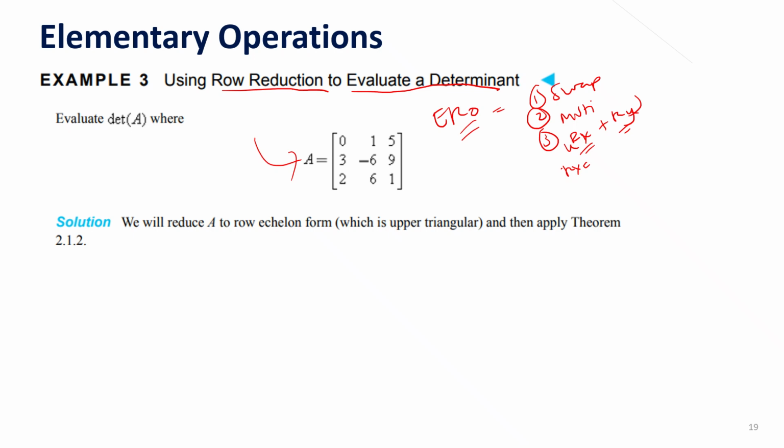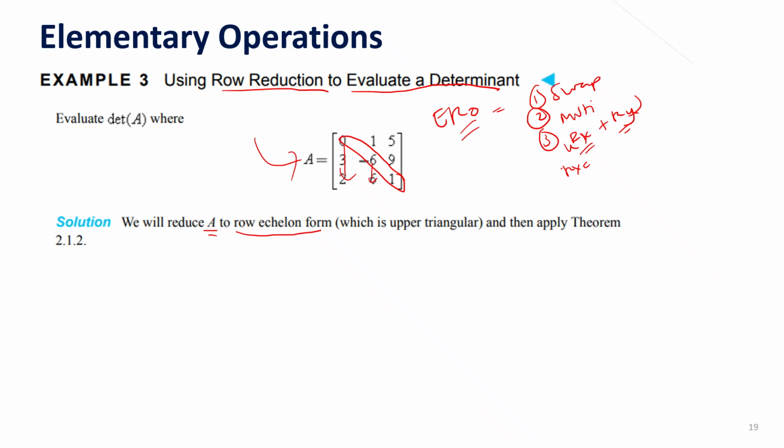Then you want to solve it, and let's say first you want to find the determinant of it. One of the ways we can use is to reduce A to its row echelon form, which means we have the diagonals, and below the diagonals all equal to 0.